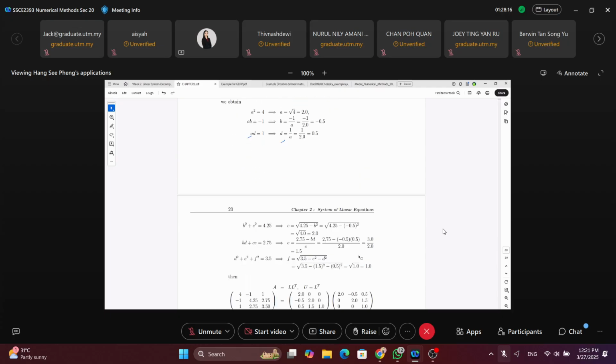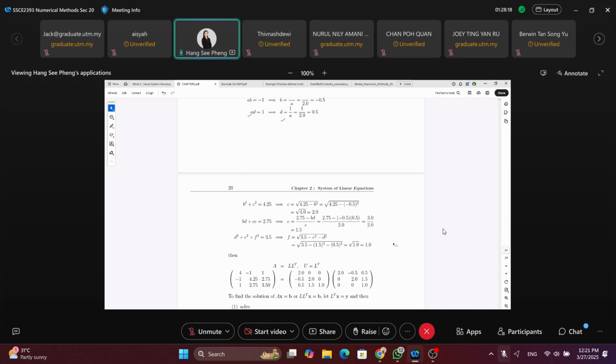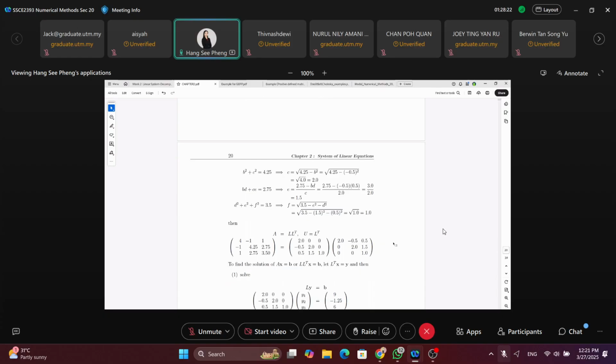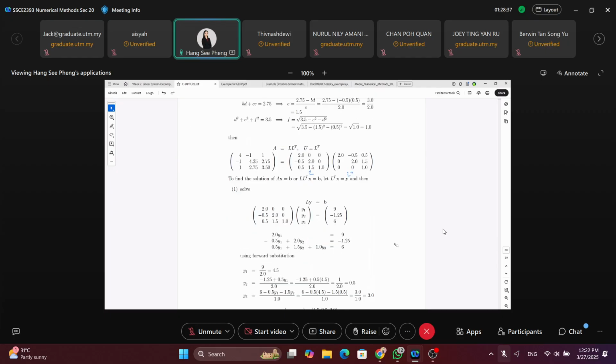Then you proceed, be careful when you calculate all these values. And after you get all the a, b, c, d, e, f, then put them back into this L and LT. Transpose it, it becomes the LT. That is the U.